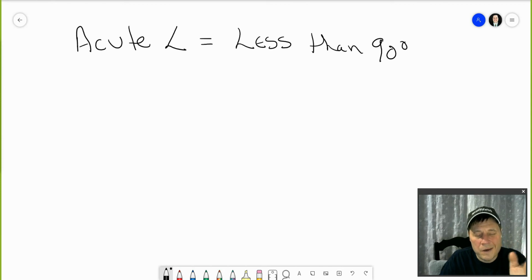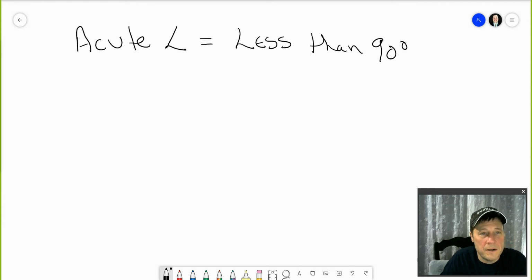If you can somehow commit these to memory so that when you see an angle, you know what kind of angle that is, that's going to help you when we go through the principles of geometry and quickly being able to identify angles that are the same based on where their location is according to a transversal. So if you can remember these definitions, that would be very helpful.